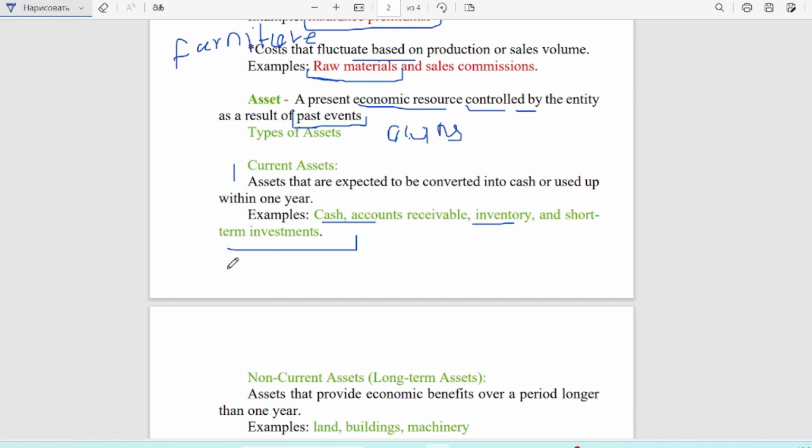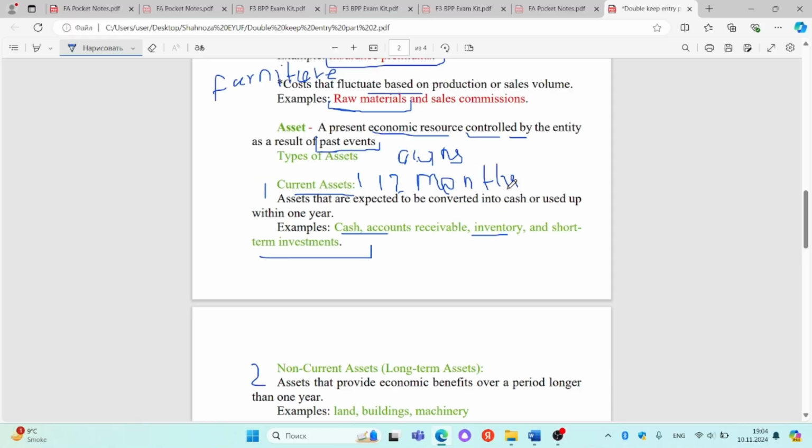One of them is current, and another one is non-current asset. Current asset occurs if asset that we have is only for 12 months. Let's say cash, we cannot say that we will be having this cash for next 10 years. We will definitely spend this cash within this year.